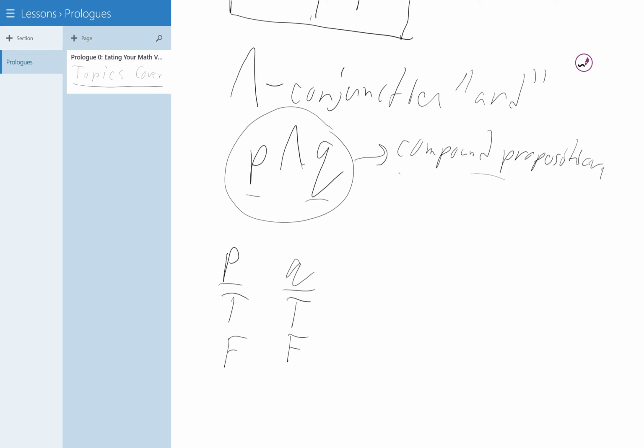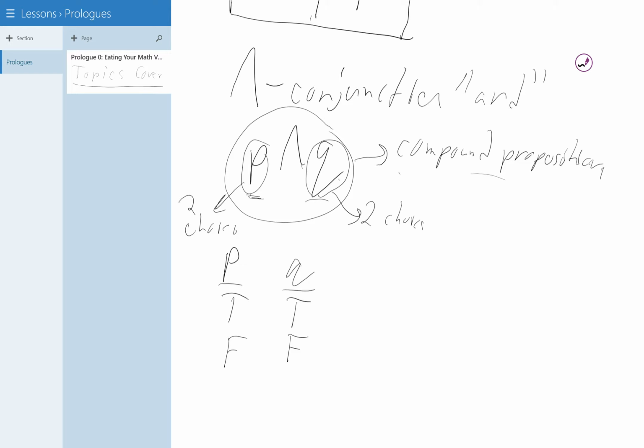But there's something important here. You can see that there are two choices here, true or false. And then there are two choices here, right? So you have two choices for P and then two choices for Q.